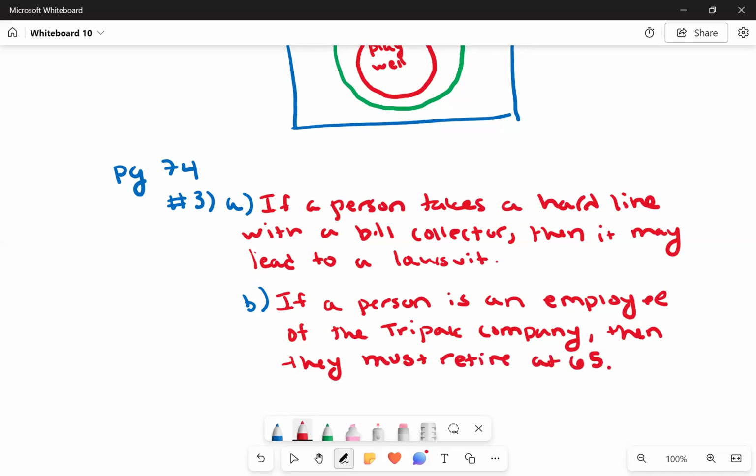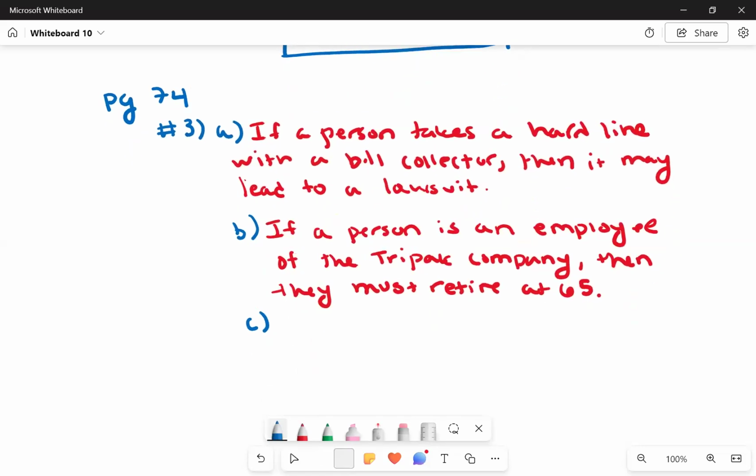Okay, so let's try part C, and maybe you try to word it into the if-then format. I'll read it, and if you pause and try to word it yourself and see if we came up with something similar. So if a class, oh, I'm sorry, there must be, wow, I'm giving it away. There must be a 2-hour session if the class is to meet only once a week. Okay, so go ahead, pause the video, try it.